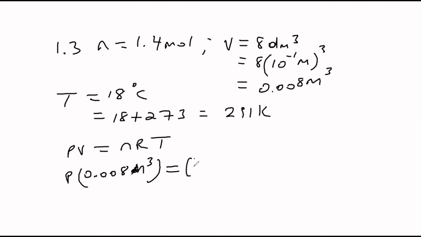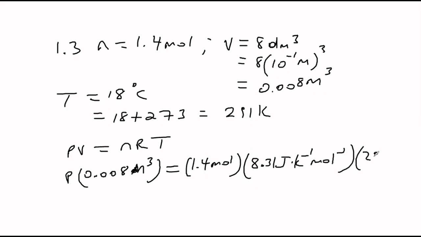And the number of moles is 1.4 moles. R is 8.31 joules per Kelvin per mole. The temperature is 291 Kelvin. So to calculate P, we make P the subject of the formula by dividing by 0.008 meter cubed on both sides.